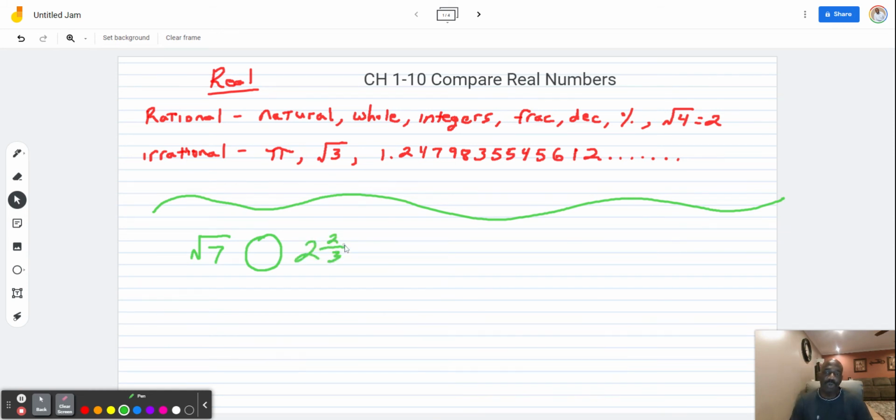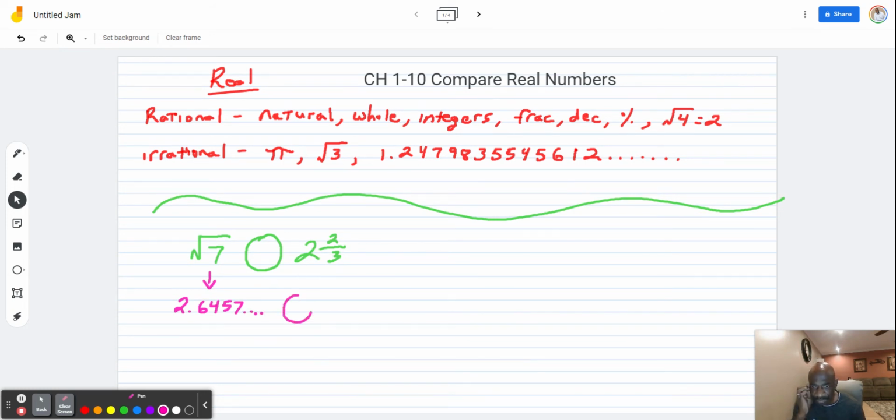All right. So what we have to do is get both of these numbers in the same format. Like, I don't know what the square root of 7 is exactly, right? So what we have to do is we can use our calculator in this case because I need to be pretty close. So when I get the square root of 7, I get a number that says in my calculator 2.645. And then the numbers continue on and on.